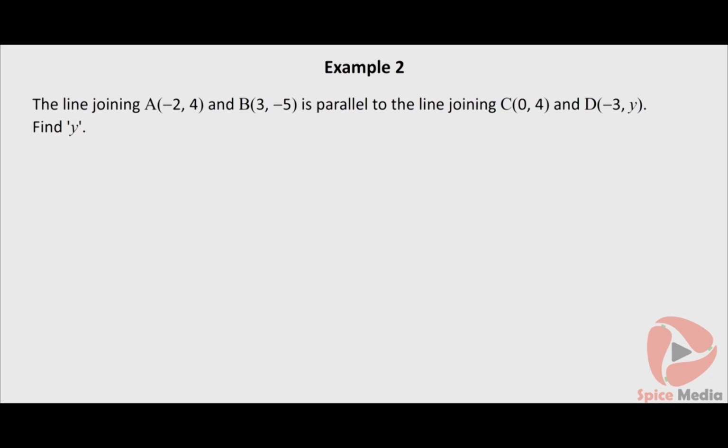Find y. Click on the solution button to view the solution. Here is the next example. Show that the points (4, 3), (2, 1) and (7, 6) are collinear. Click on the solution button to view the solution.